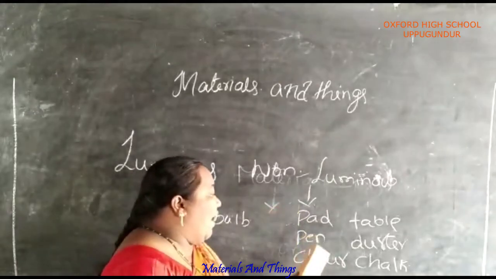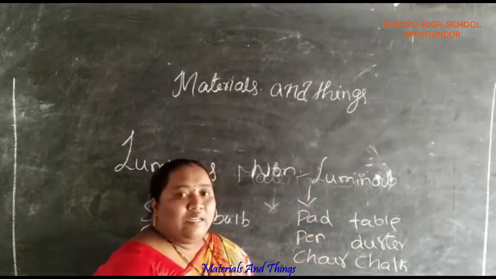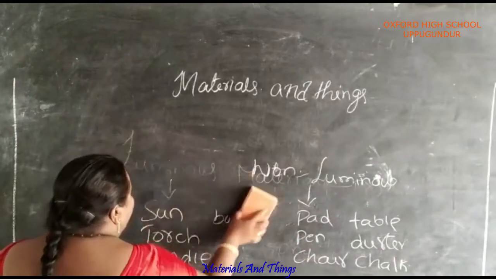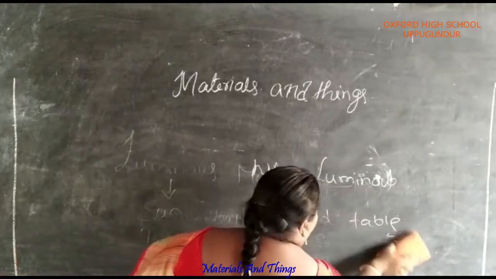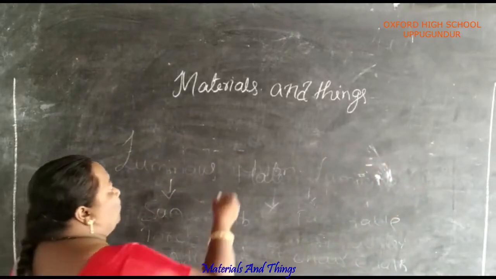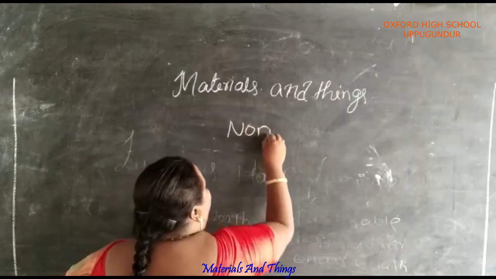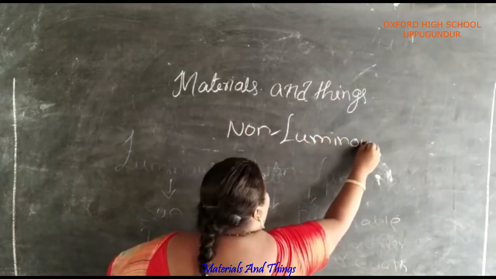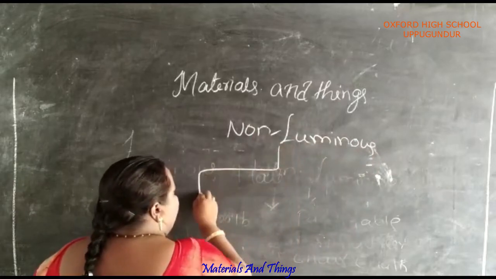Example: pad, pen, chair, table, duster and chalk. Again, the non-luminous objects are divided into three types.